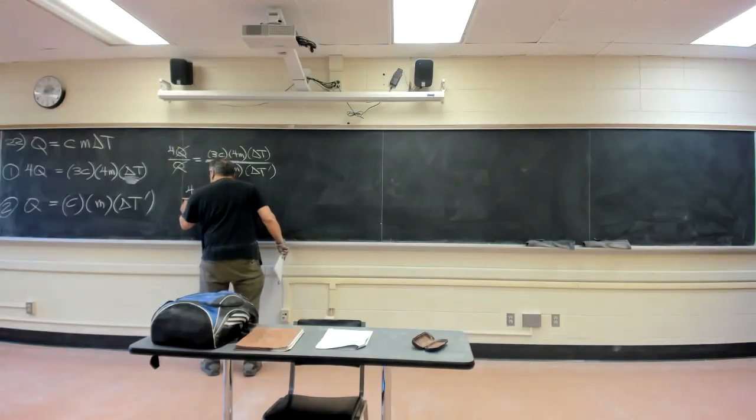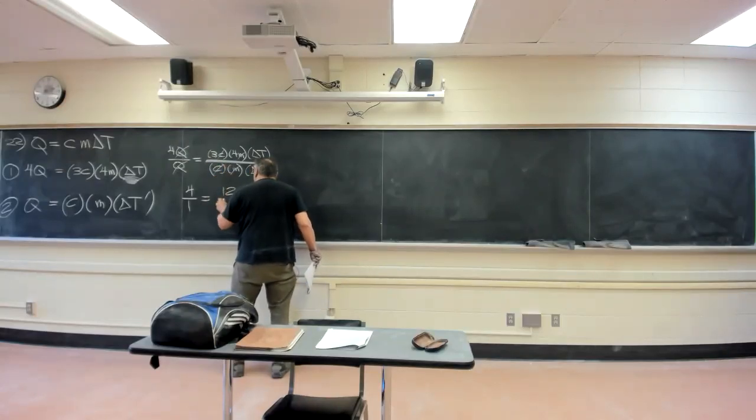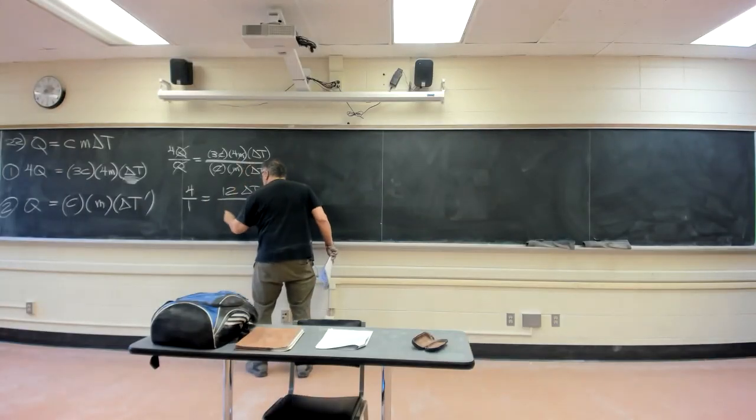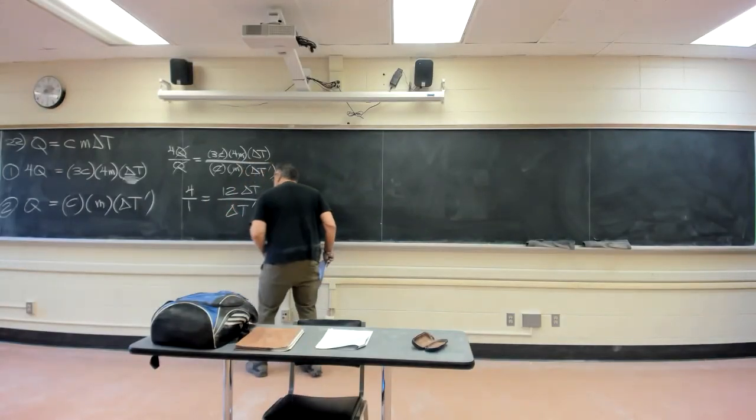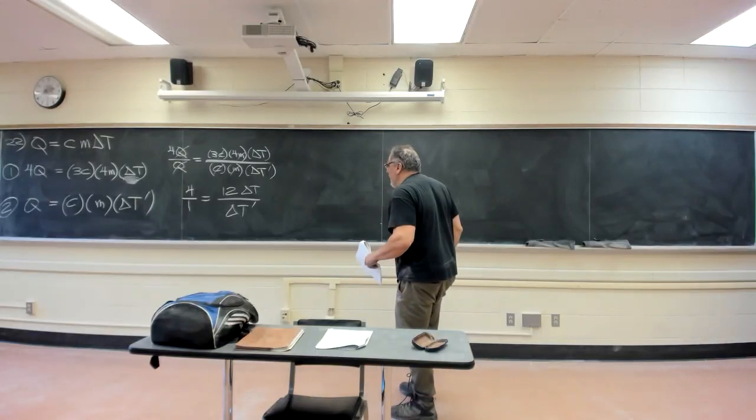You get 4 over 1. The C's cancel. The M's cancel. 3 times 4 is 12. 1 times 1 is 1. It's 12 times delta T over 1 times delta T prime. That's the hardest part of the whole problem right there, you guys. Once you get it to there, you're set.